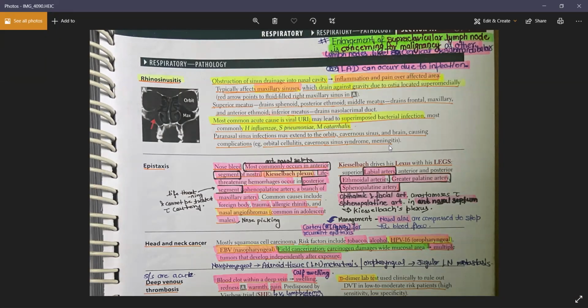If the meninges are affected, the patient can have meningitis. Similarly, if the mastoid sinuses are affected, the patient can have a brain abscess, a temporal lobe abscess. If the frontal sinuses are affected, the patient can have a frontal lobe abscess also. So these are the complications of sinusitis: cellulitis, cavernous sinus syndrome, maybe meningitis, maybe brain abscess also.